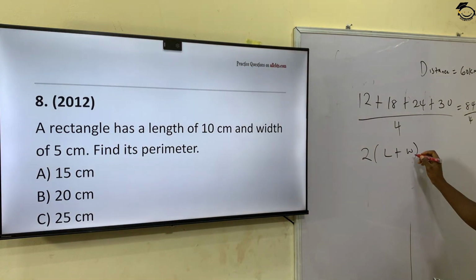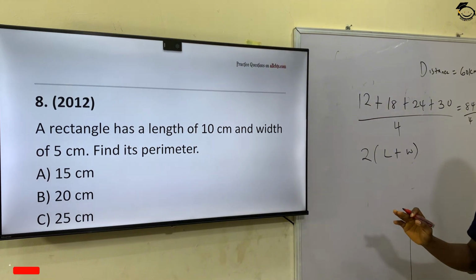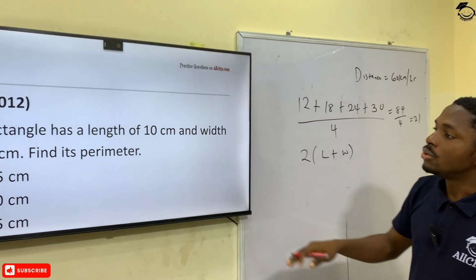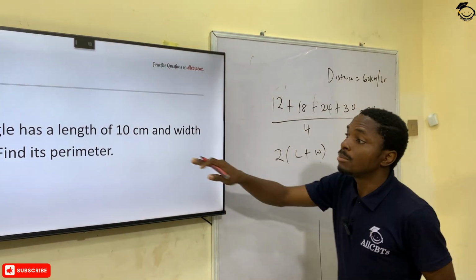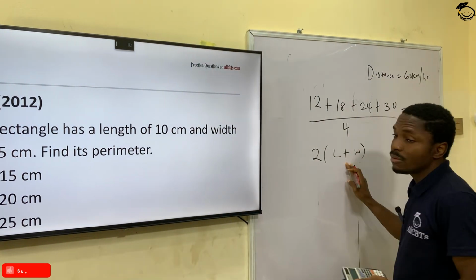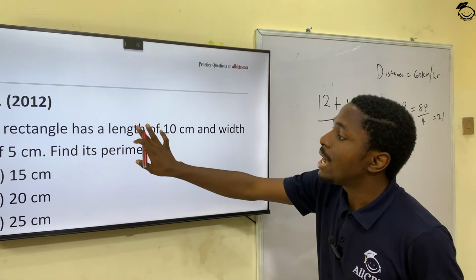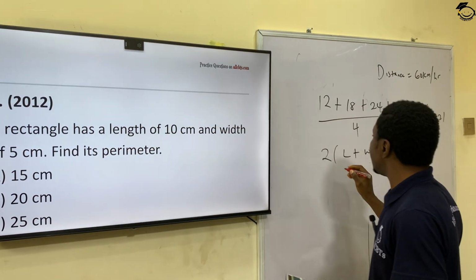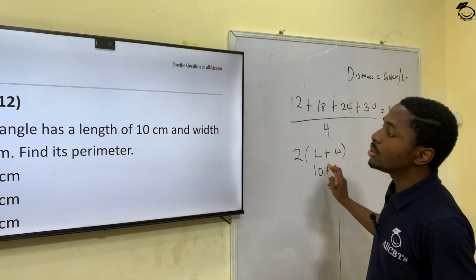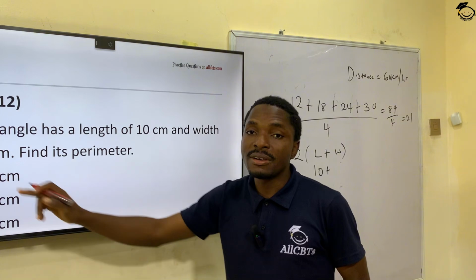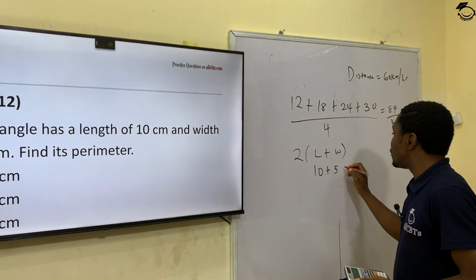Okay, this is the formula for solving the perimeter of a rectangle. And then you introduce the parameters. The length, according to this question, is what? 10 centimeter. So you put your 10. And the width is 5 centimeter. So you put your 5.